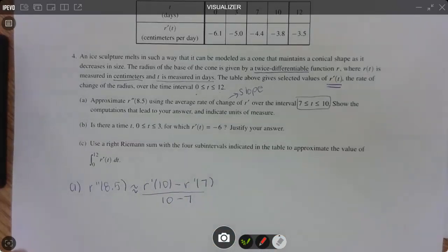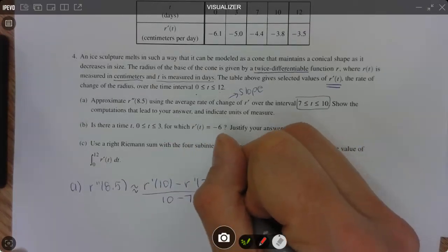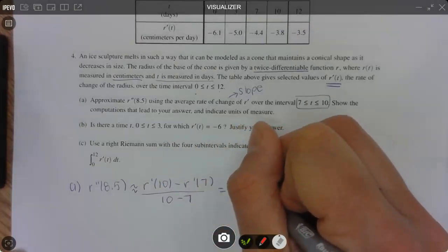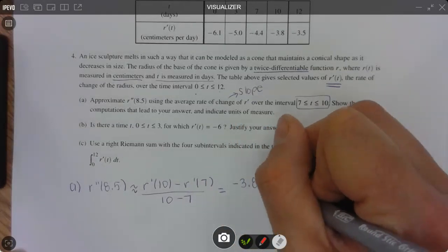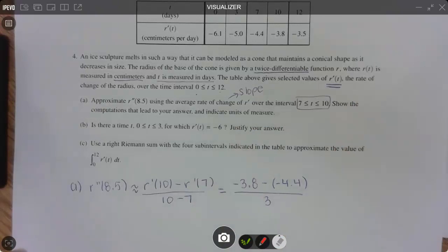And again, it's very important that it's R prime, not R, because you're finding R double prime. It says, show the computation that leads to your answer and indicate units of measure. So again, R double prime, it's a change or the secant.